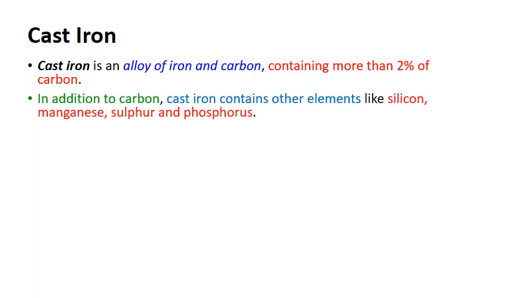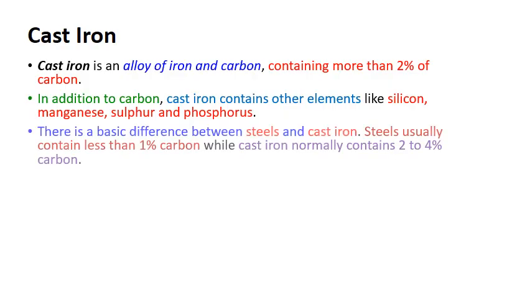No, you will also have other elements like silicon, manganese, sulfur, phosphorus, or any other elements in the periodic table, which will be very, very less. These could be stuck to the ore, and while processing, they may be carried away with the iron.